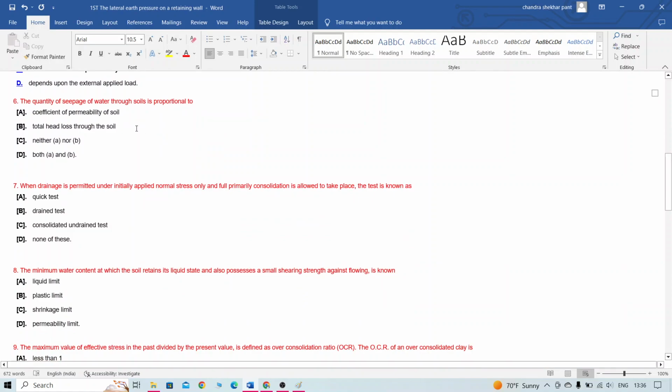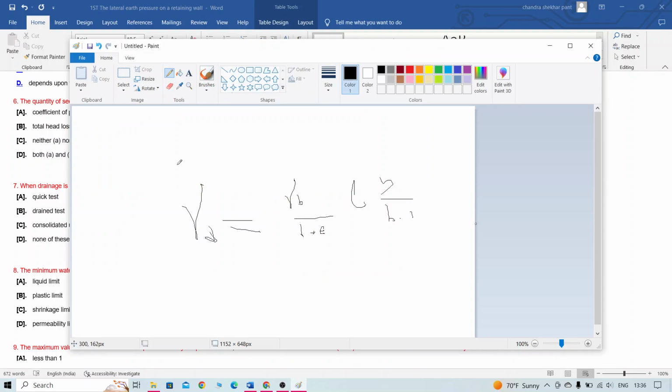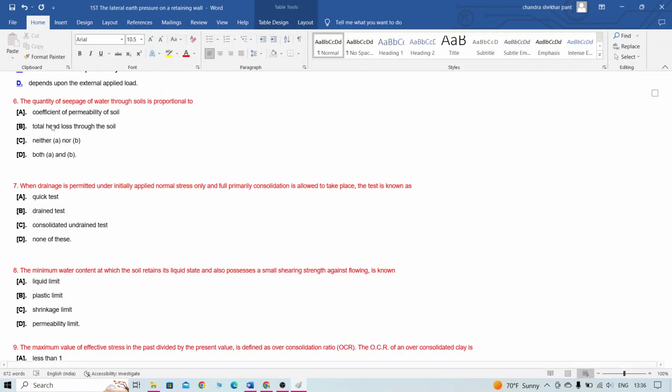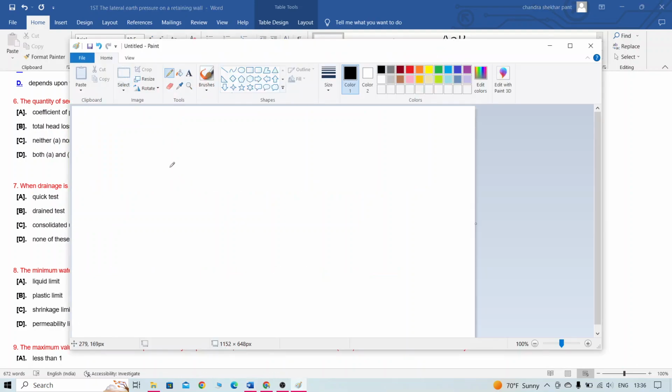The sixth question: the quantity of seepage of water through soils is proportional to coefficient of permeability, total head loss through the soil, neither A nor B. For this we use the relation: quantity of seepage q equals k times h times Nf by Nd.